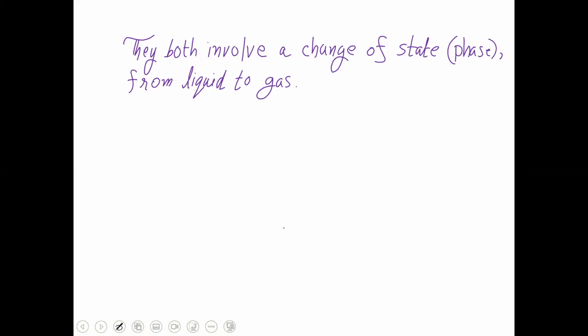They both involve a change of state from liquid to gas. They both involve liquid to gas. You have to copy this.